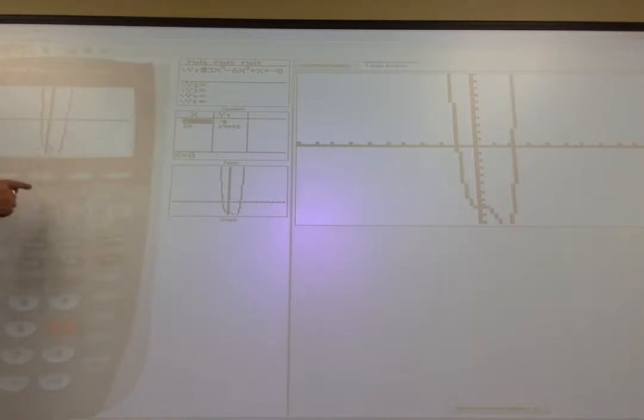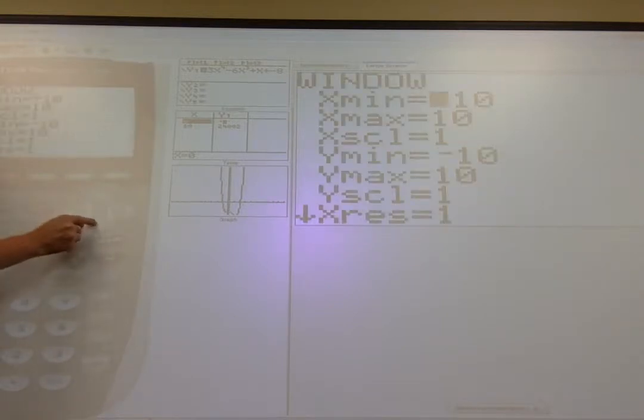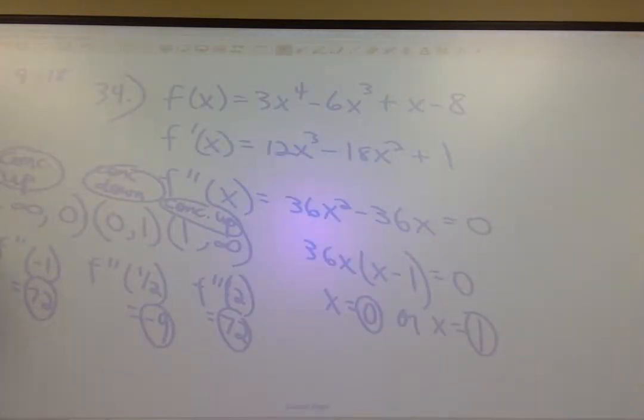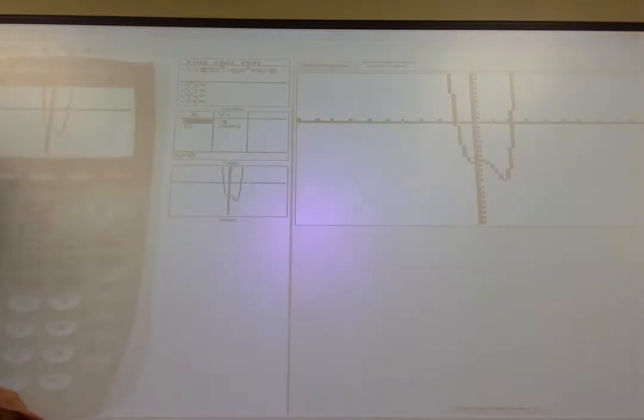I'm going to go down a bit on my window. I'm going to say y min negative 3. Okay? So look at this. Look at our intervals again. From negative infinity to 0, look at that.